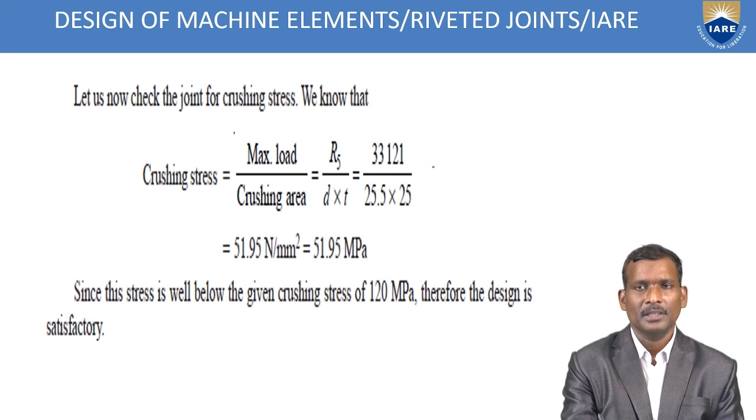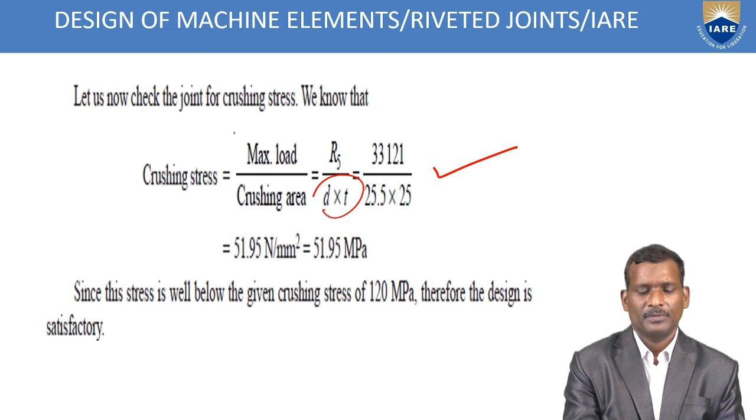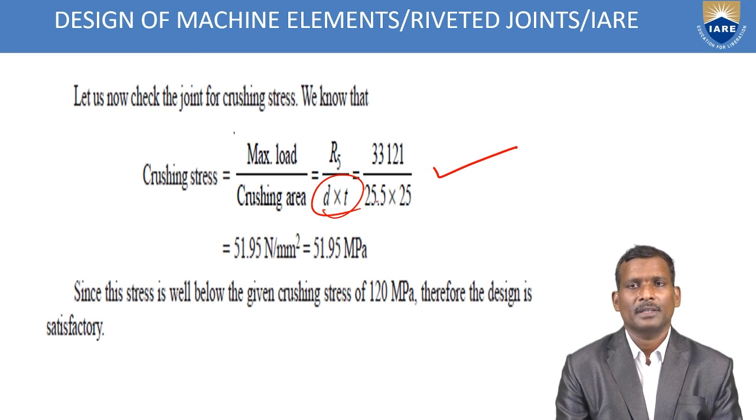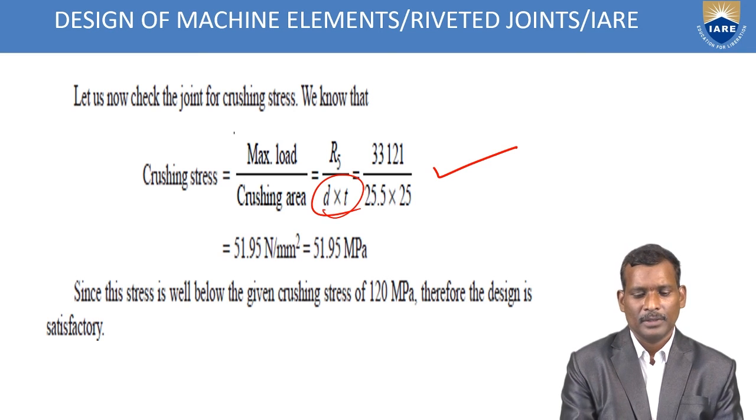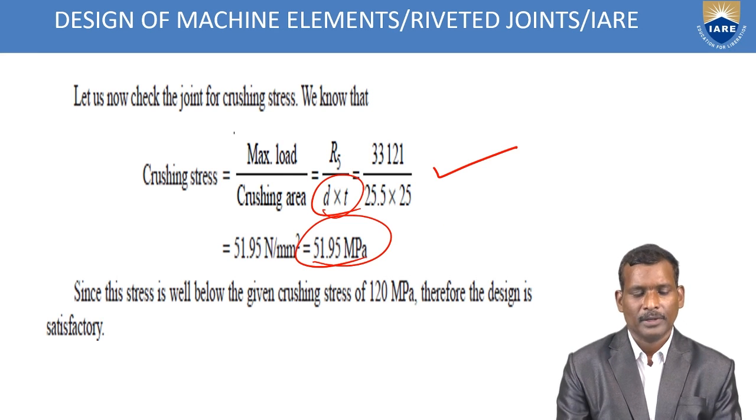Find the crushing stress as the maximum load upon the crushing area. Here the maximum load occurs at rivet 5. The crushing area is D into T. You already know the diameter of the rivet, multiply with T. So the crushing stress is 51.95 megapascal.